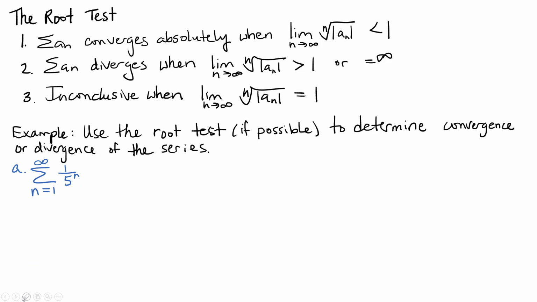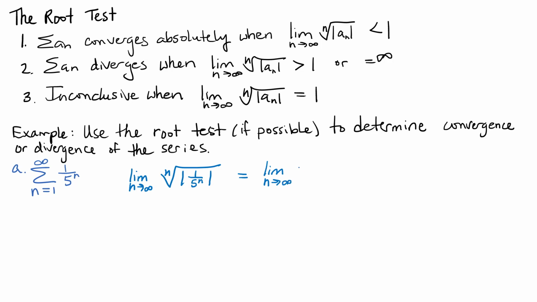So let's go ahead and find the limit discussed in the theorem. We're going to take the limit as n goes to infinity of the nth root of the absolute value of 1 over 5 to the n. Now, 1 over 5 to the n is always positive, so the absolute value is not necessary. So let's drop that.